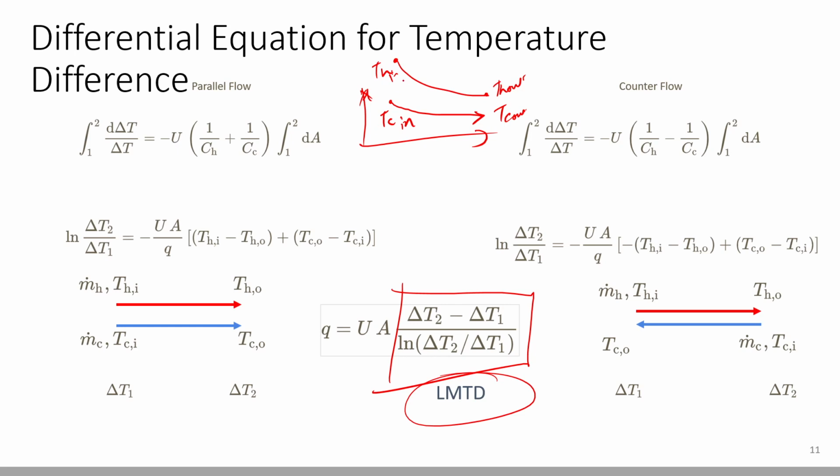So over here you can see that the delta T of this term is very high as compared to this. That is, the temperature difference across the length of the heat exchanger keeps on changing. That is why, in order to account for such a variation in temperature difference, we define this kind of average log mean temperature difference by this equation.